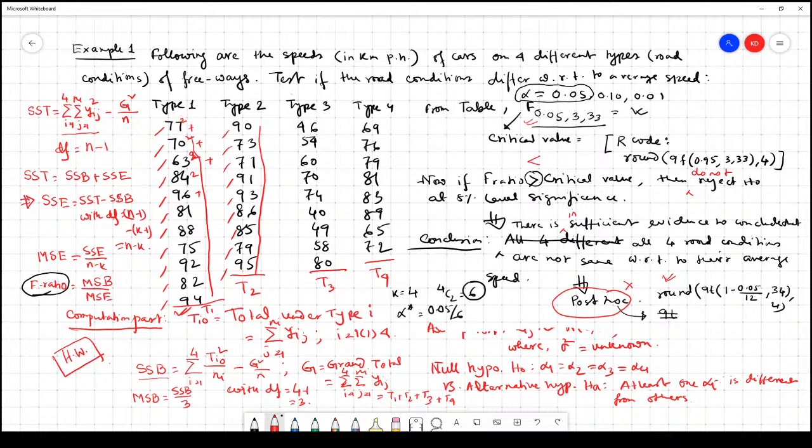So the last part, I go very slowly. Now if the F ratio is less than the critical value, this part is telling about this part, yes or no?